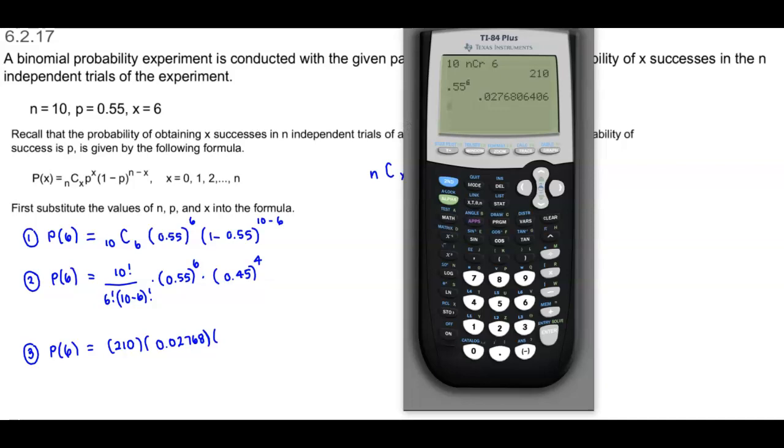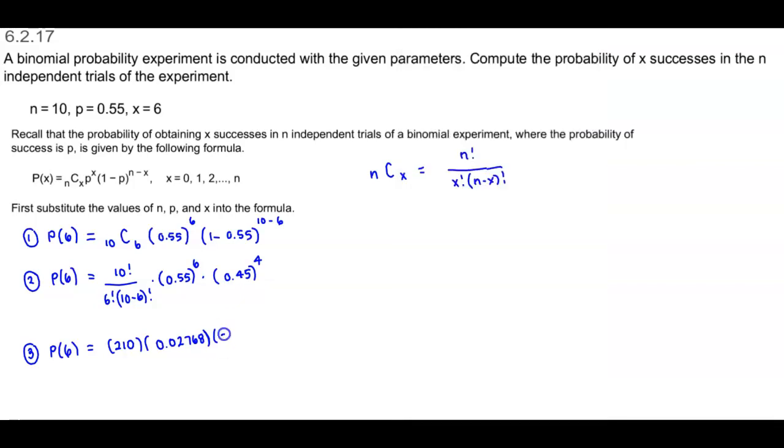And then we're going to take 0.45 and raise that to the 4th power. Rounding that again to 5 decimal places, that gives us 0.04101.